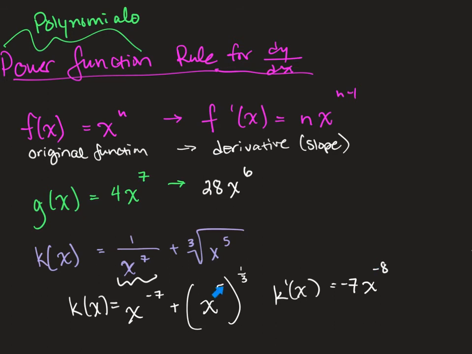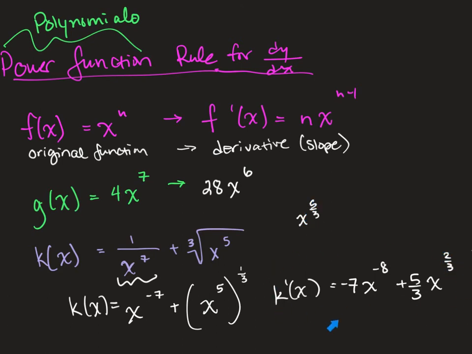And then here, this is like x to the 5/3. I'm going to add then 5/3 x to the 2/3, because the 5/3 becomes my coefficient, right? Because 5 and 1/3, that's 5/3. And then 5/3 minus 3/3, which is 1, is 2/3.